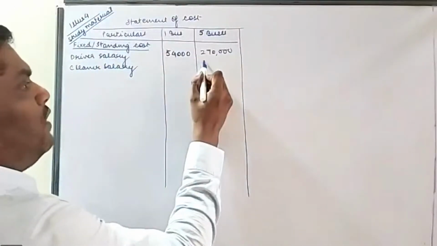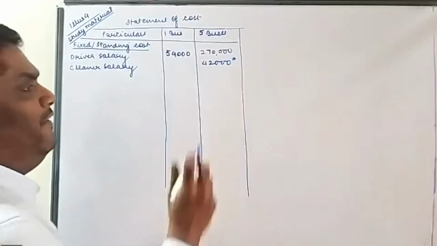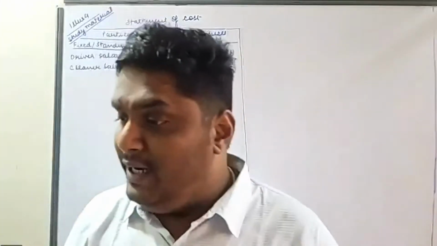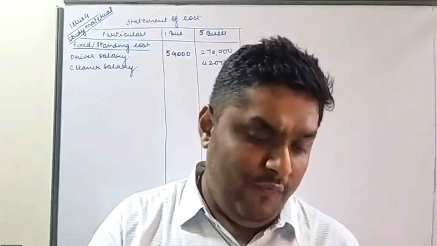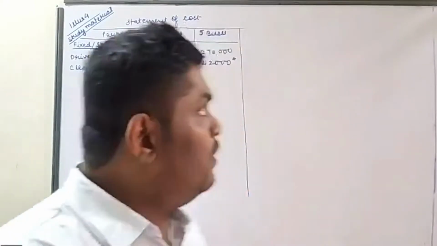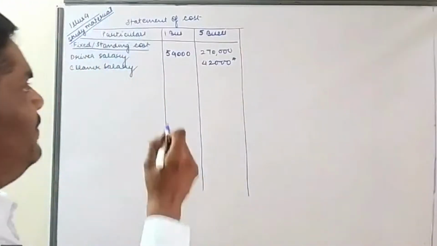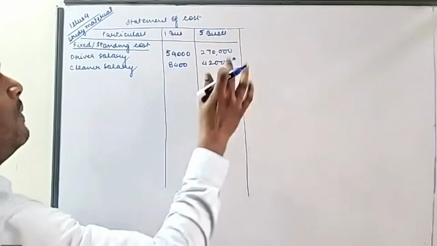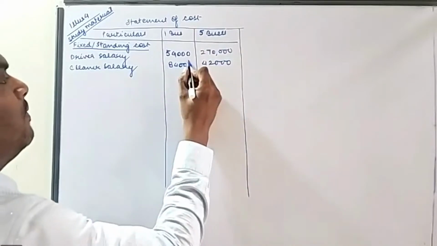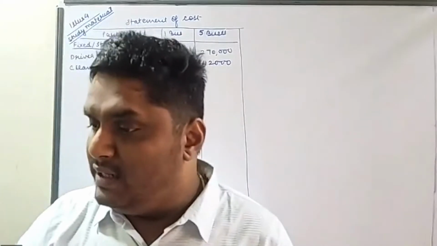So the total cost is 42,000 for all the 5 buses. I repeat again, 3,500 per month into 12 months. So 42,000 is the total cost for all the 5 buses. If we divide it by 5, we will get 8,400. So the cleaner part is done.